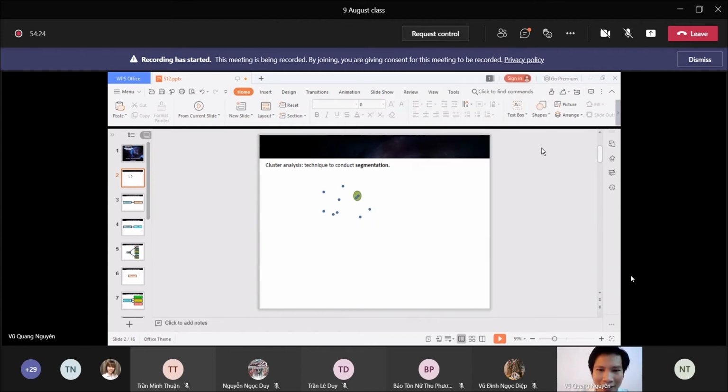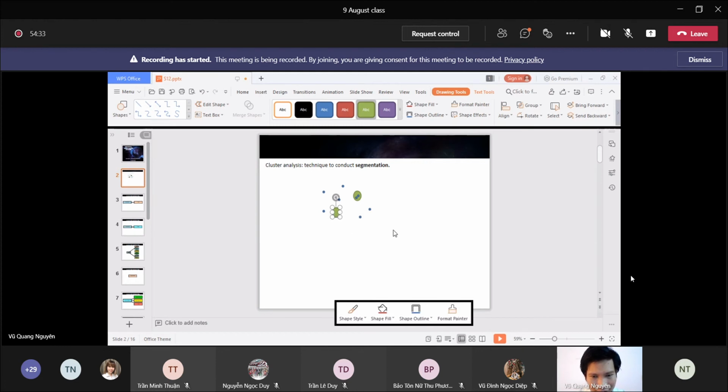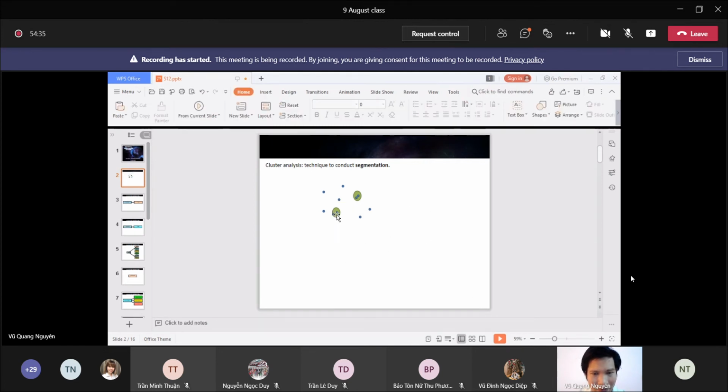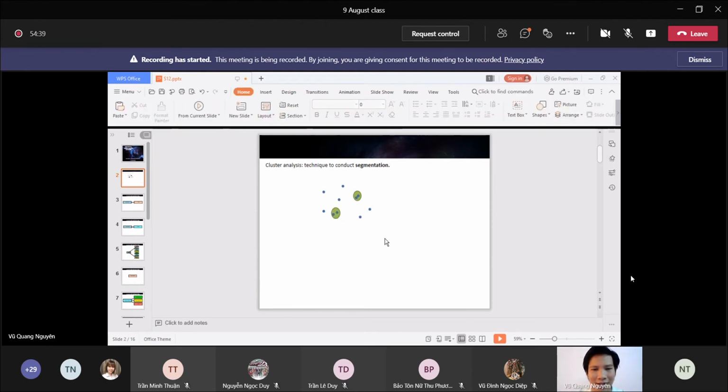Then after that, SPSS will group the next nearest. That's the second step. After the second step, we will have 8 segments, and then the two nearest will be grouped together until we have only one big segment.